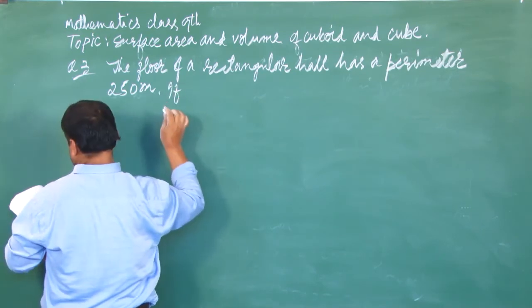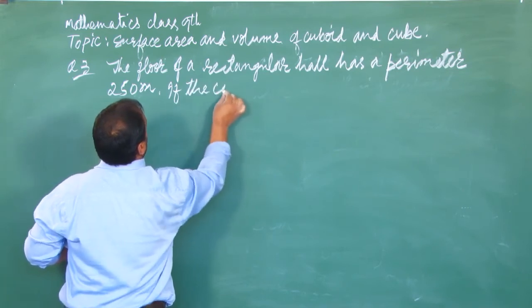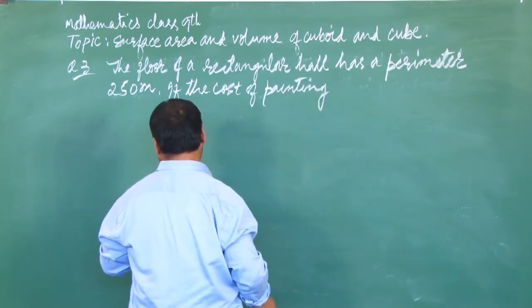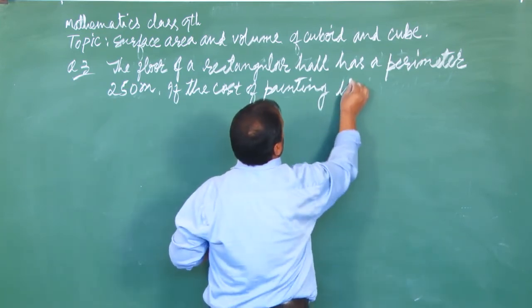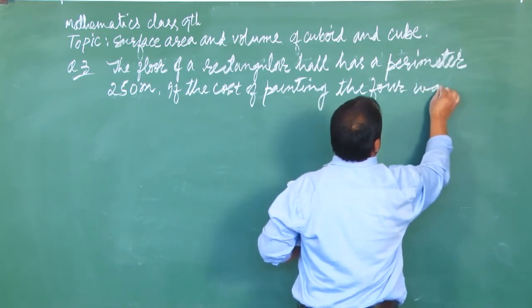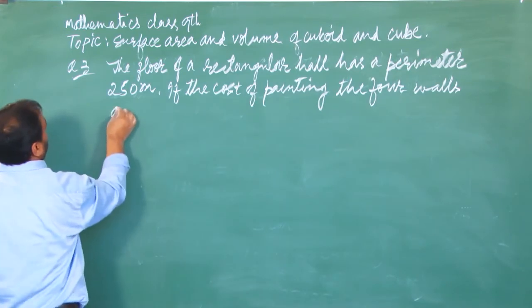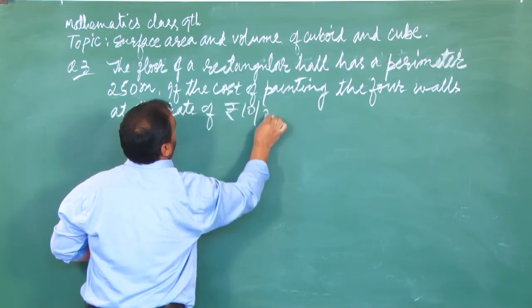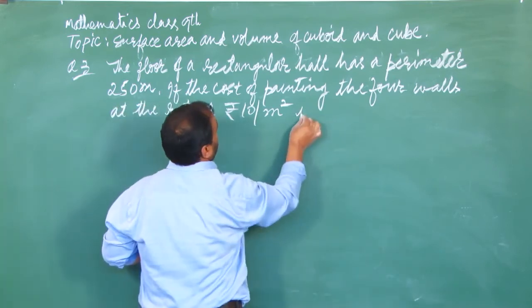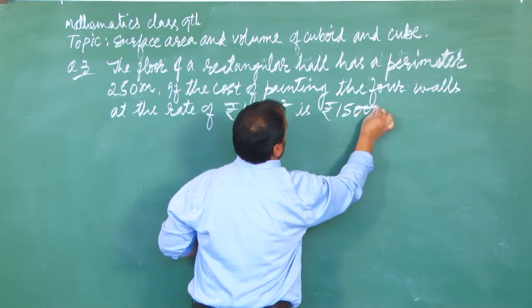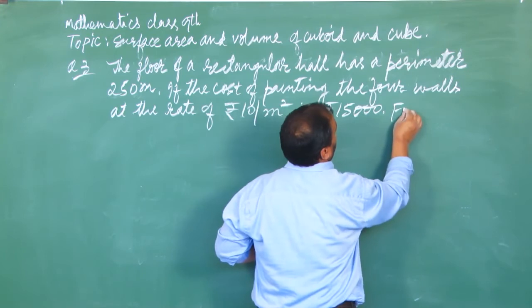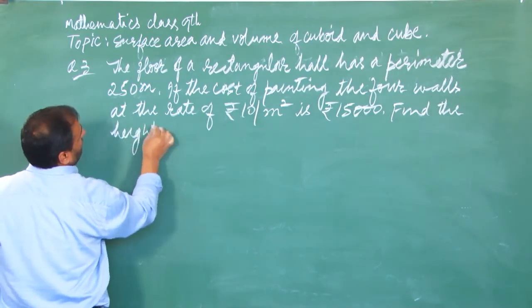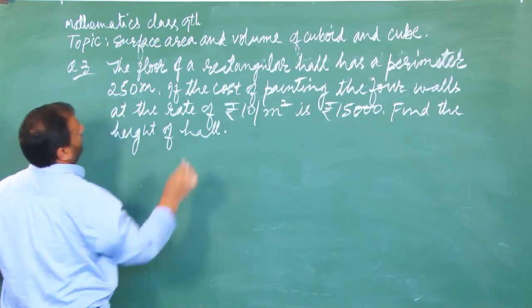If the cost of painting the 4 walls at the rate of rupees 10 per meter square is rupees 15,000, find the height of the hall.